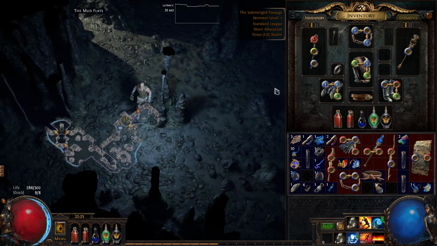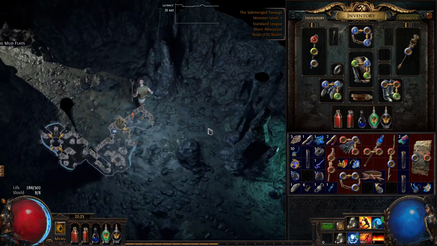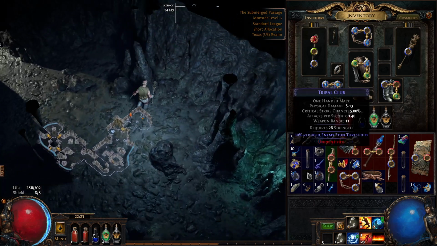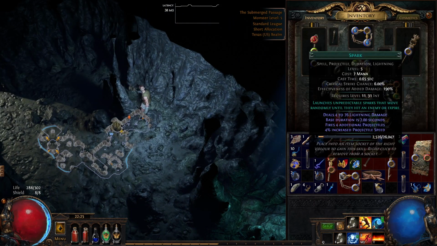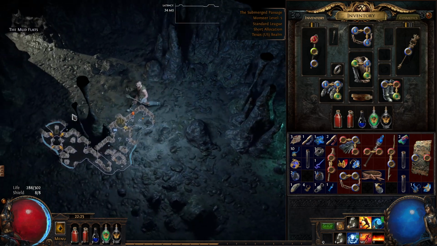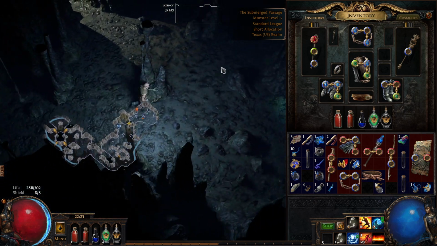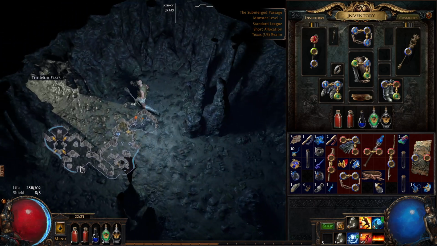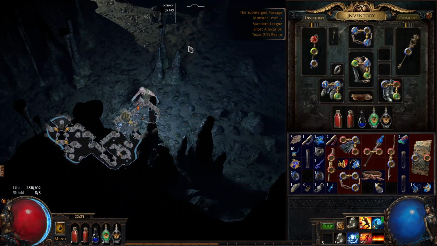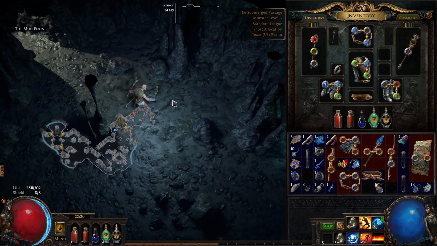It might be a good time to do some inventory management while you're traversing to them, to drop some items that you don't need. So for example, maybe you don't need these 2 blue items that I have in here. You drop those down, and then you can have a better sense of picking up the items you want from the boss without worrying about what's in your current inventory.